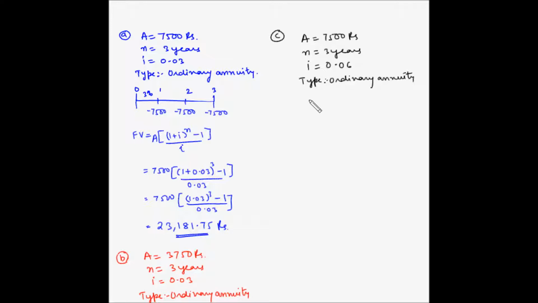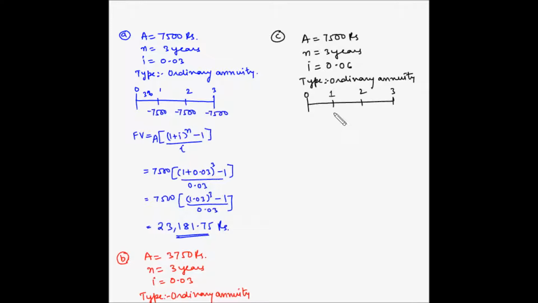So let's draw this scenario on the time scale. So again, same 3-year period, 1, 2, 3. The outflow is at the end of each year, which is 7,500 rupees, and the rate of interest is 6% per year.